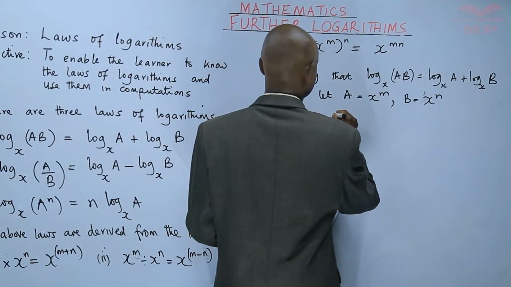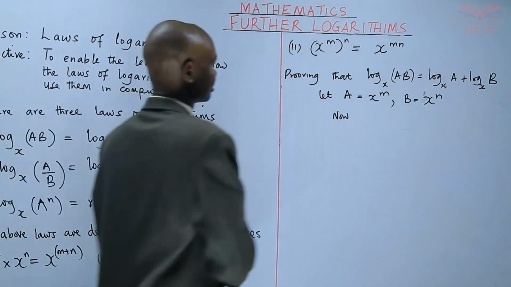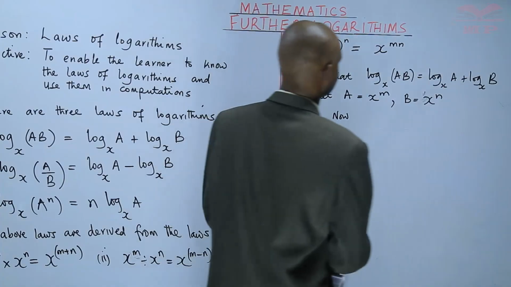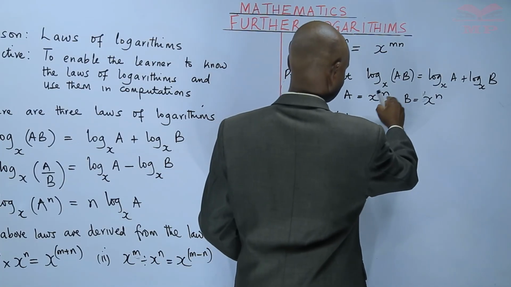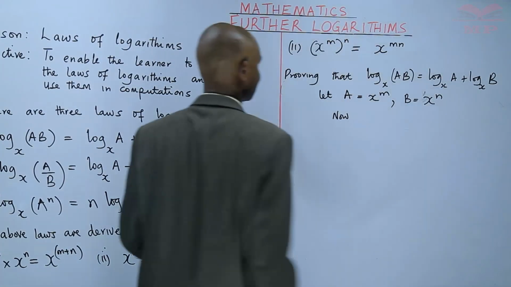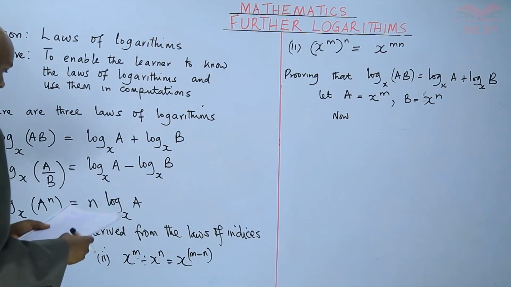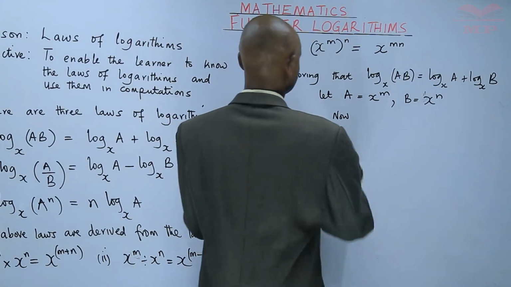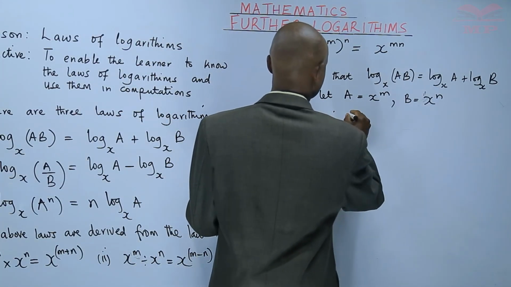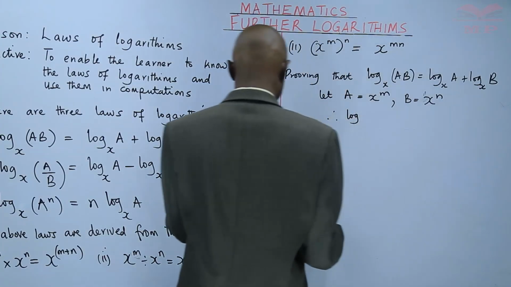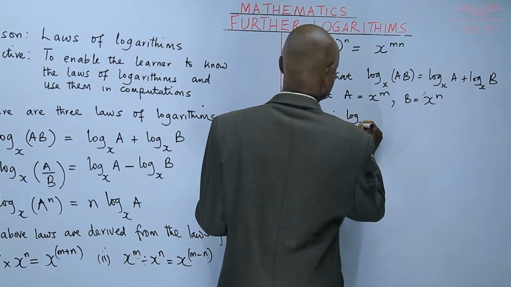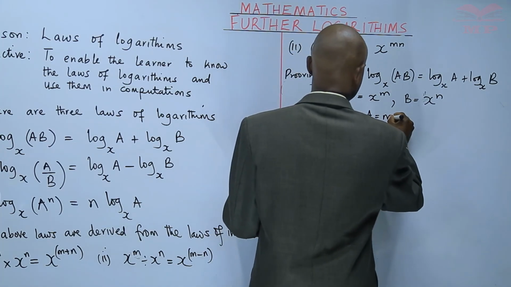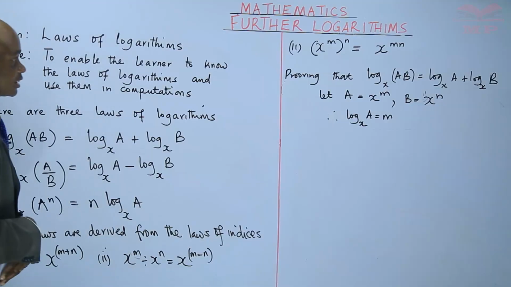From that, I've said x raised to m is a. Therefore, log to the base x of a is equal to m, from how you are changing the indices.